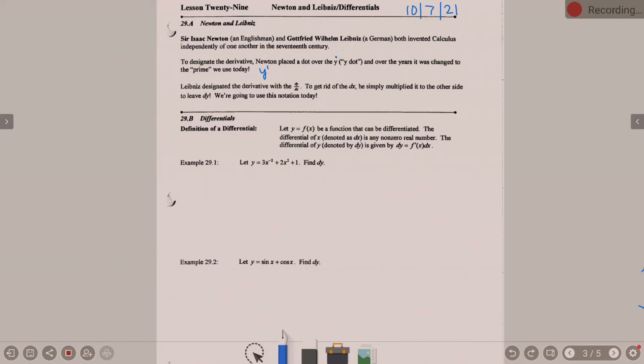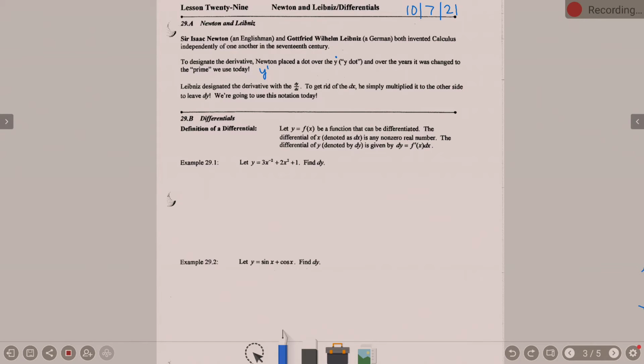Looking down at the example, the definition of a differential: let y equals f of x be a function that can be differentiated. A function that can be differentiated is one you can take the derivative of. There are certain functions, or pieces of functions, that you can't take the derivative of.